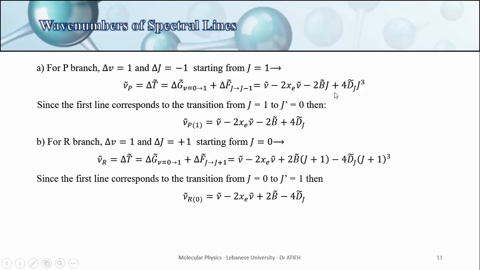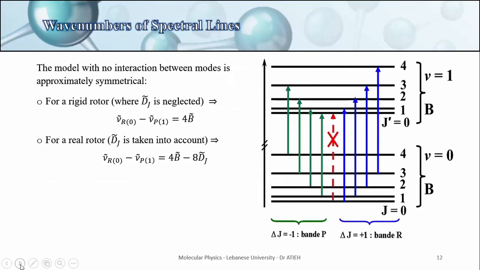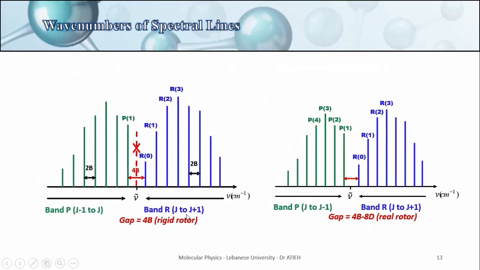So using these wave numbers for the P branch and the R branch, we were able to draw a figure for the spectrum. So let's take a look at the spectrum. I'm just giving a conclusion. If we neglect D, which corresponds to the centrifugal distortion, we assume that our rotor is a rigid rotor.